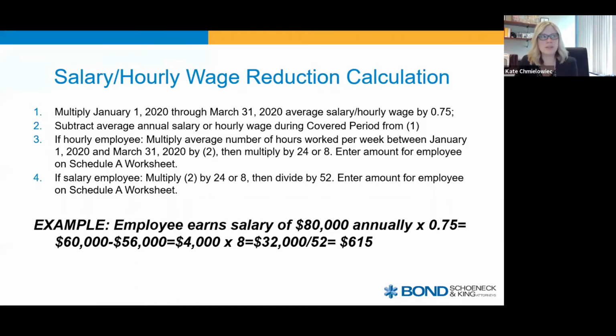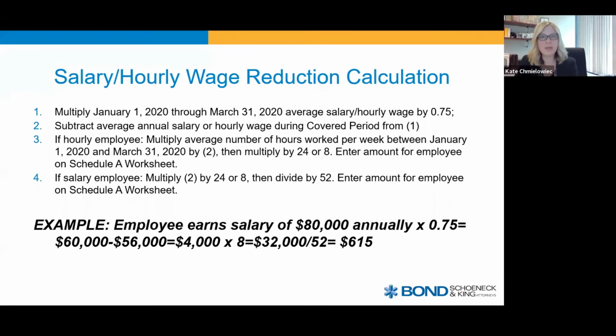We're going to skip down to number 4 because we're talking about a salary calculation now. You're going to multiply that number by 24 if you have a 24-week covered period, or 8 if you have an 8-week covered period. And then you're going to divide that number by 52. Whatever number you come up with is what you're going to place in that last column on table 1. So that's for the salary. For hourly, it's very similar.